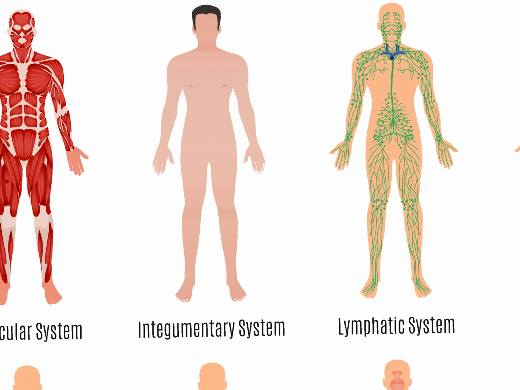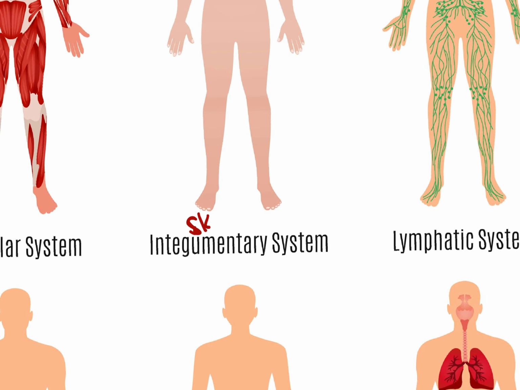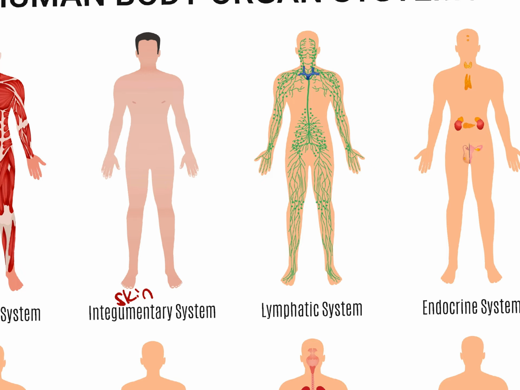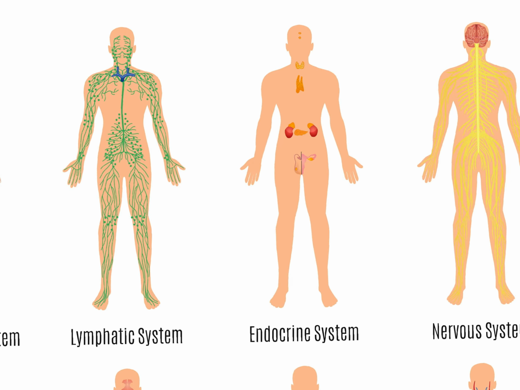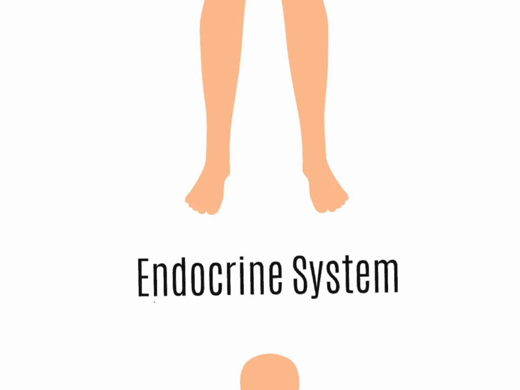We have the integumentary system, which is like skin and other connective tissue on the outside of your body. The lymphatic system is one we don't really worry about in this class.